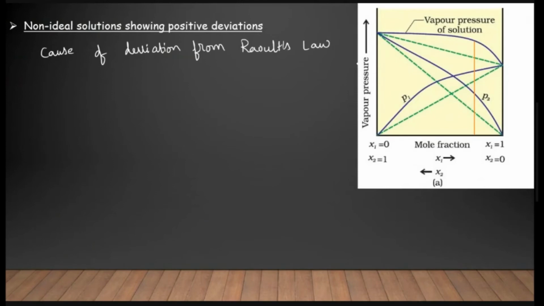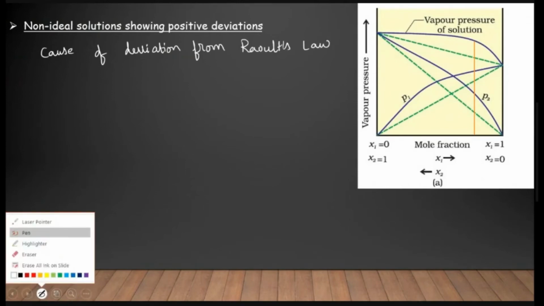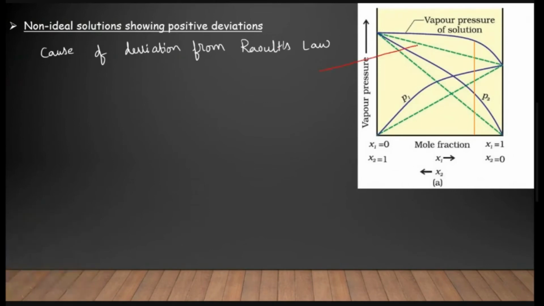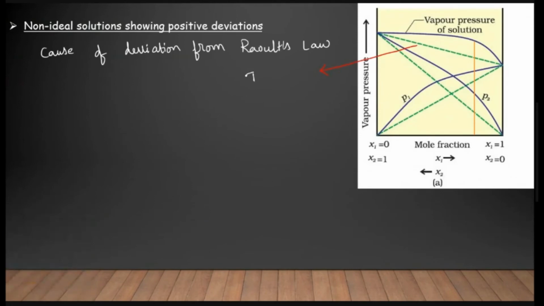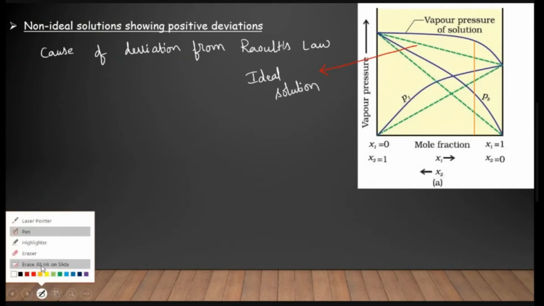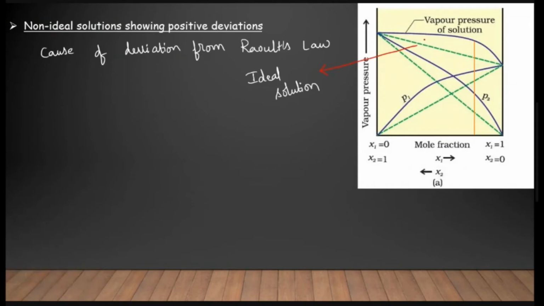The green colored line is indicating the ideal solution, and the curved green colored line is for the deviation from Raoult's law.